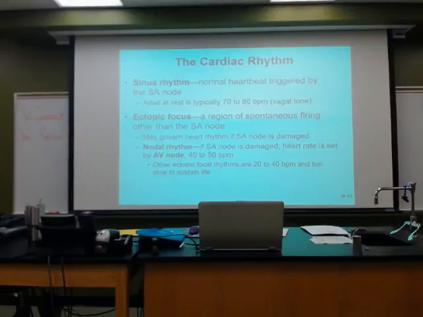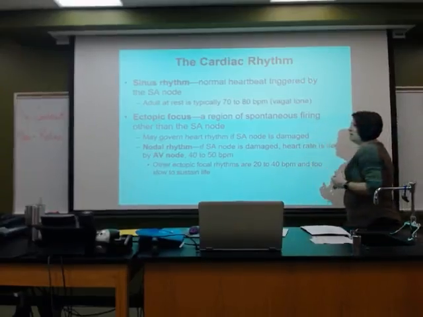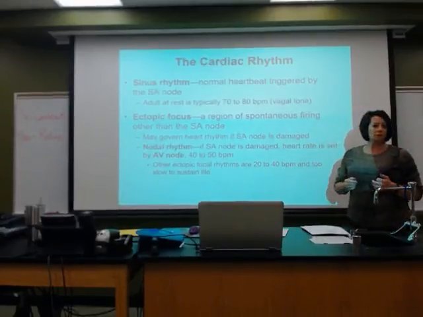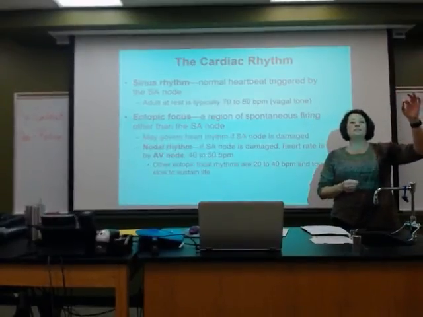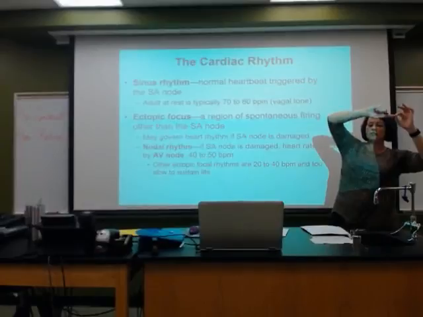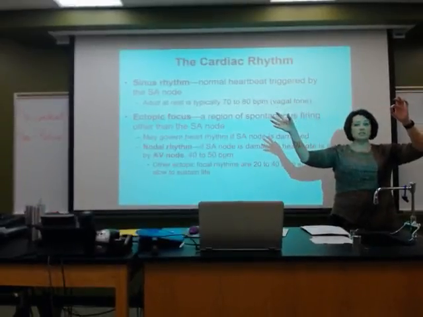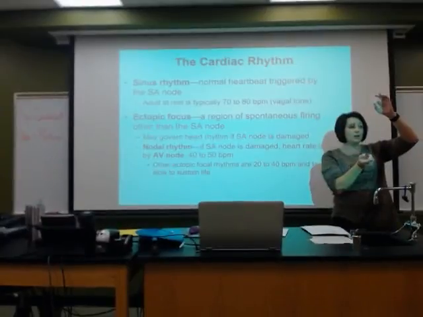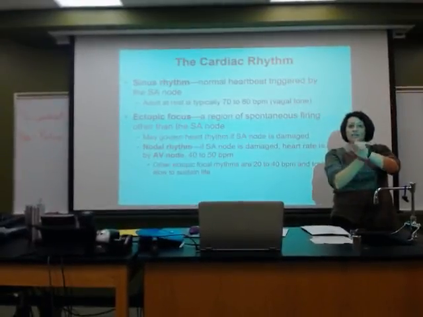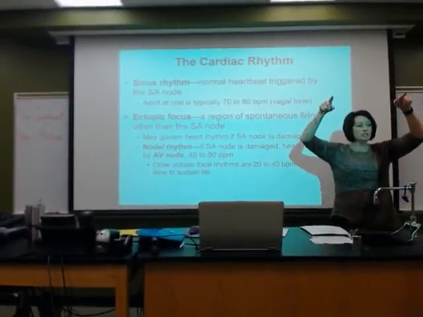Okay, that's when, for example, because we know the SA node is the pacemaker, that fires, sends the electrical impulses across the atria, and fires to the AV node, which goes to the bundle of His, which moves into the Purkinje fibers.